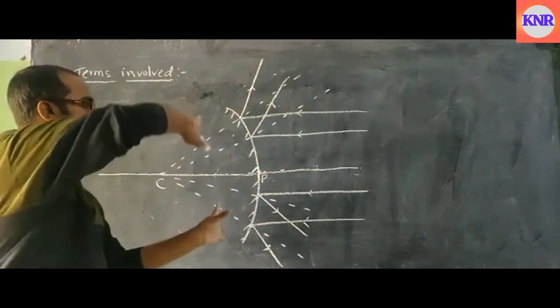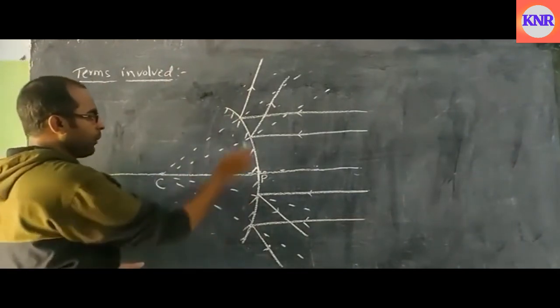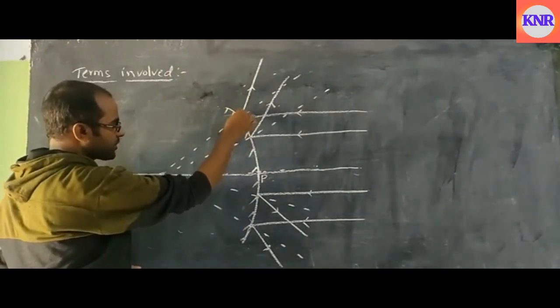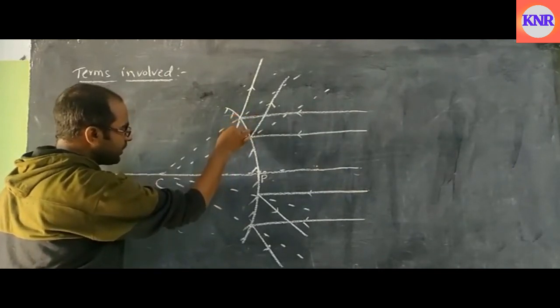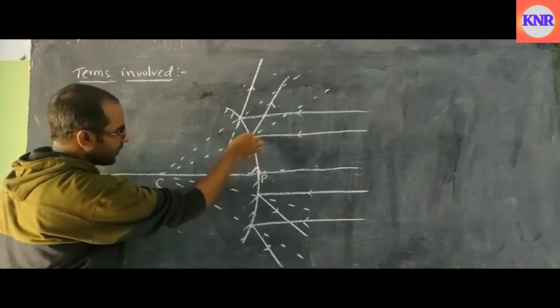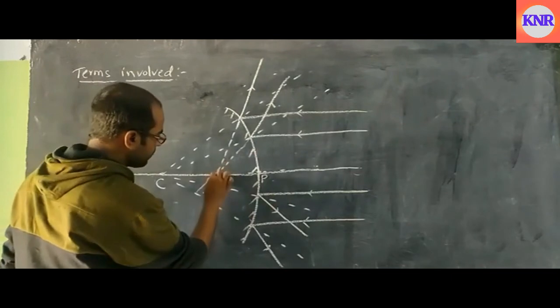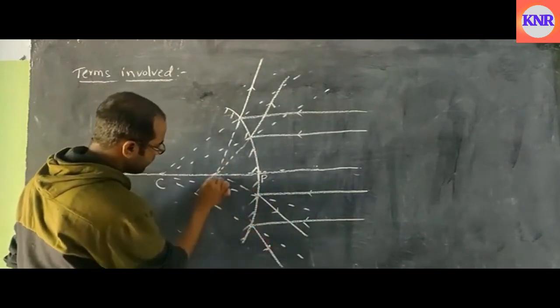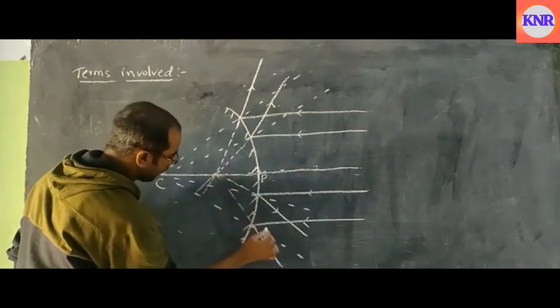That means they are diverging from the mirror, but if you extrapolate the reflected rays, they meet at a point.